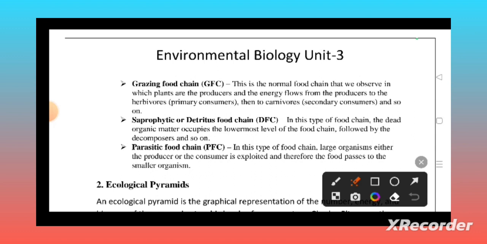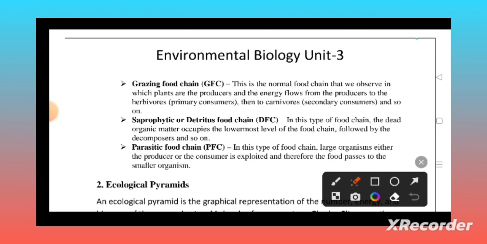The saprophytic or detritus food chain starts with detritus, like dead organic matter occupied by fungi and bacteria, which are then eaten by further organisms.